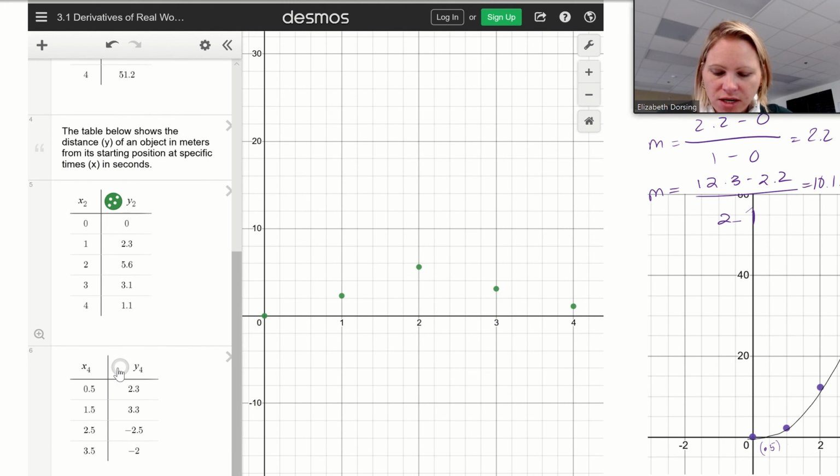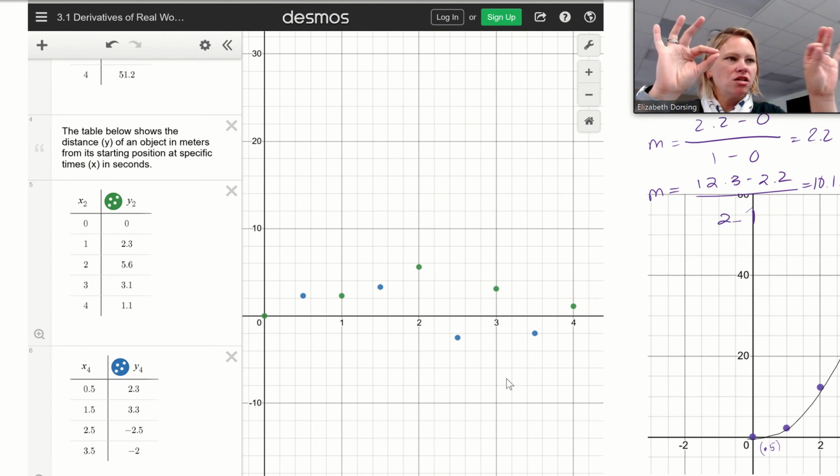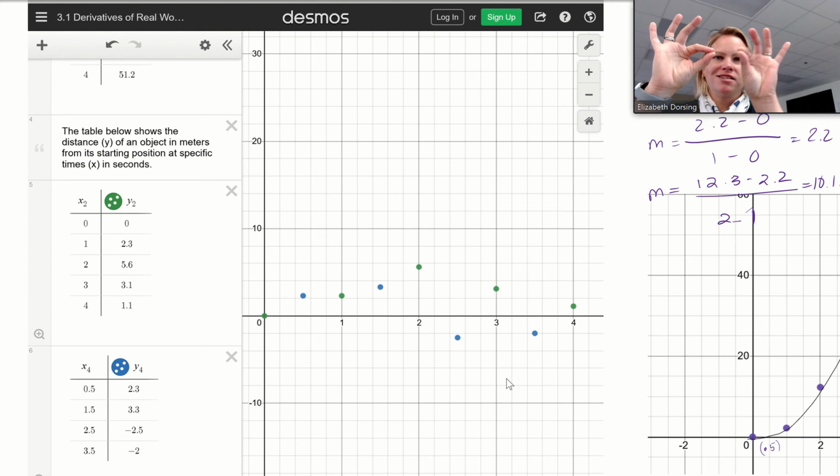And so I went ahead and found the slopes. And if we plot these blue lines here, you can see that, yep, between 0 and 1, we have a positive rate of change. From 1 to 2, we have a positive rate of change. But then all of a sudden, from 2 to 3, we have a negative rate of change. And so when we talk about our rate of change being negative, if we look at what's happening in the real world, the distance is increasing, and then all of a sudden the distance is decreasing from where it started.